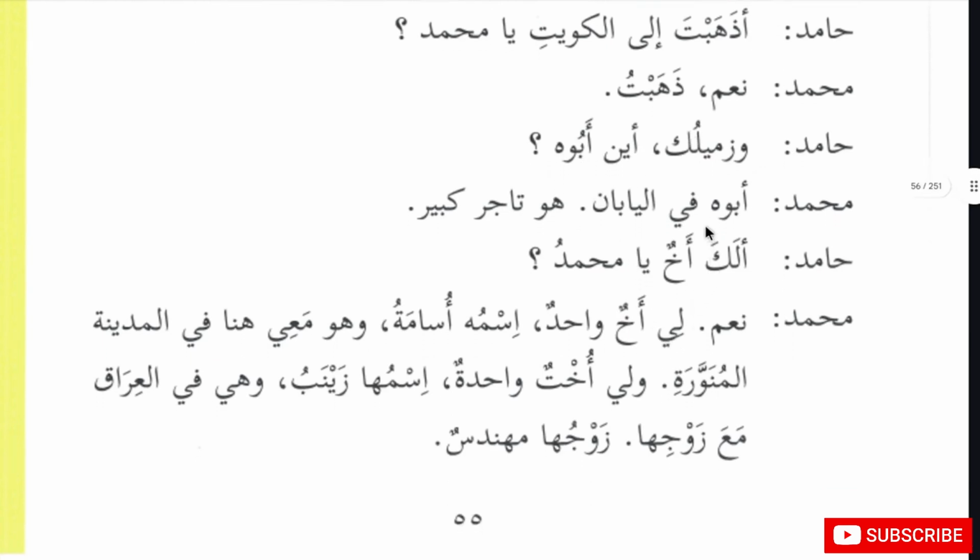وزميلك أين أبوه? And your colleague, where is his father? أبوه في اليابان. His father is in Japan. هو تاجر كبير. He is a big businessman. ألك أخ يا محمد.